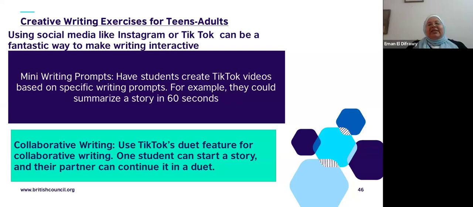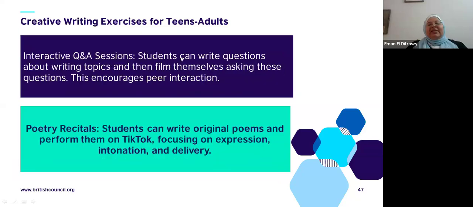And then students can write questions about writing topics and then film themselves asking these questions. You can also use poetry performance or concerts. Students can write original poems and perform them on TikTok. They can focus on expressions, intonation, and delivery, for example.